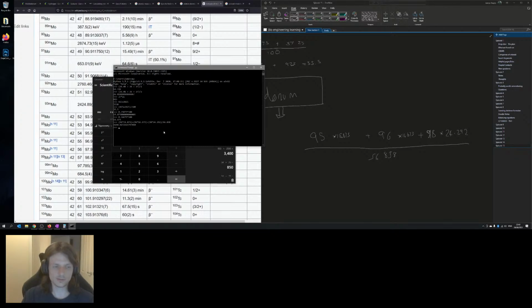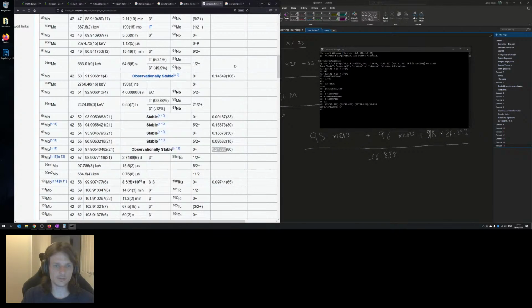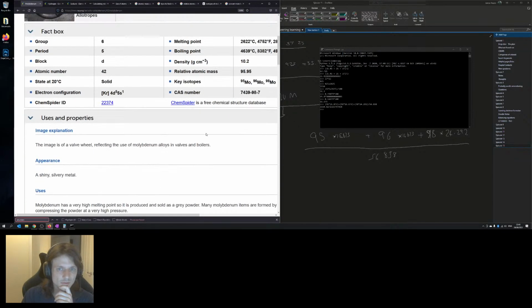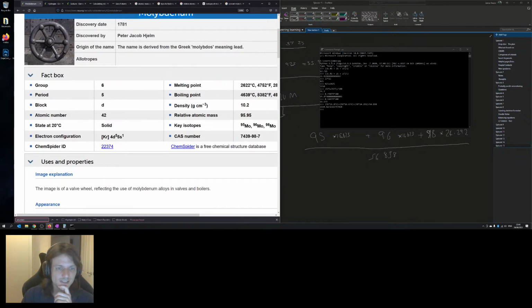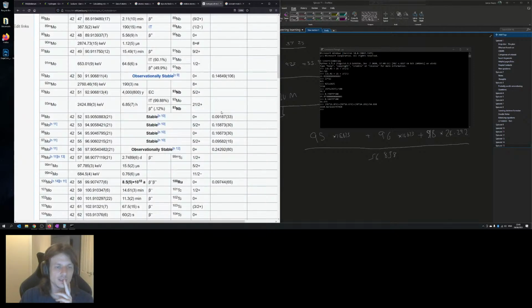Yeah, okay. And I think that's because the rest needs to be taken into account. But let me check what we got here. Mass number. That is not right. And let's just add the rest.